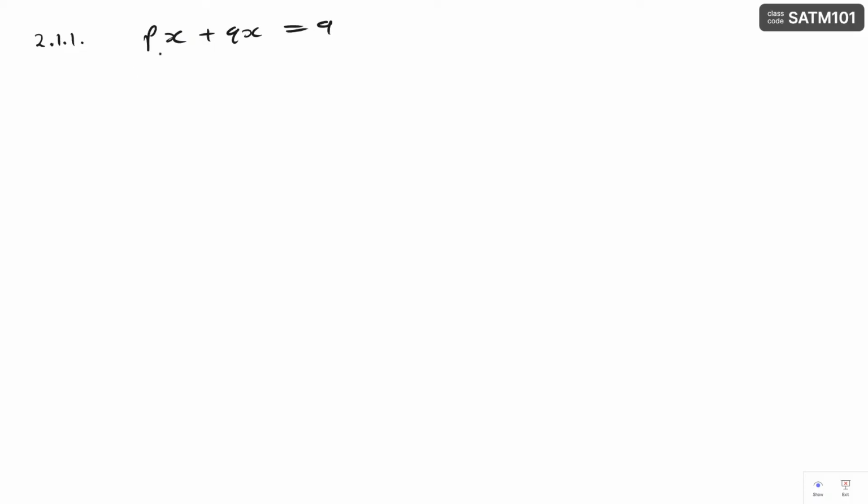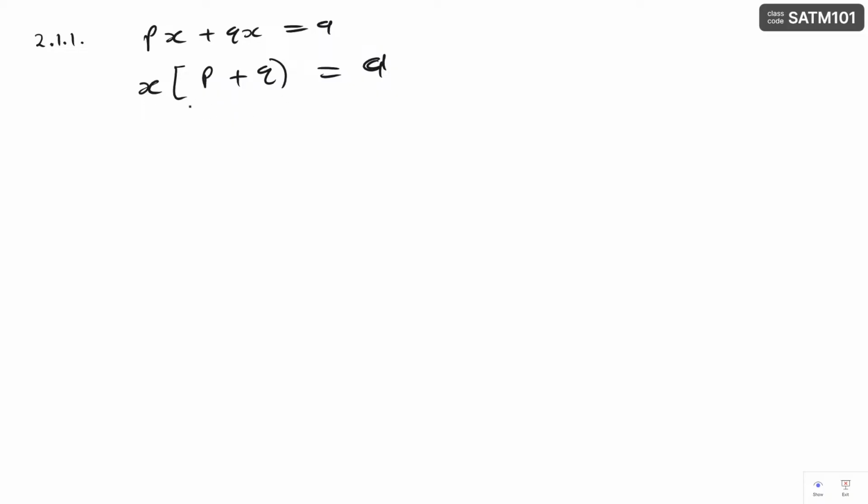So here the first thing that you need to do is look if there is a common factor. We can see that x is common on this side and this side. So let's take it outside. So it's going to be x times (p plus q) is equal to a. So okay, what can we do now to make x the subject of the formula?